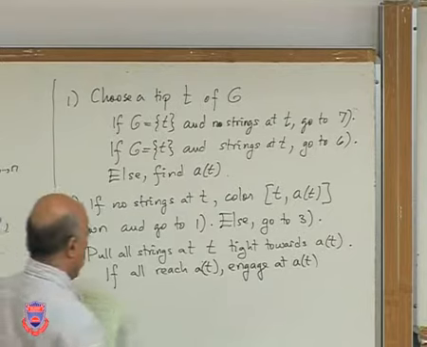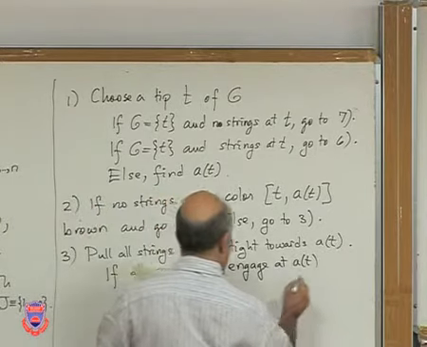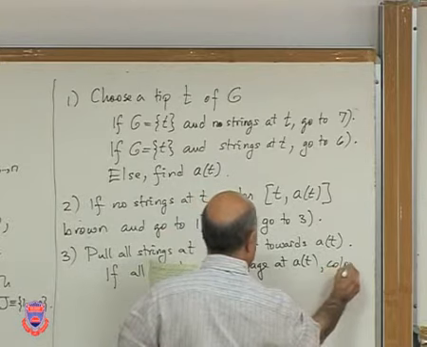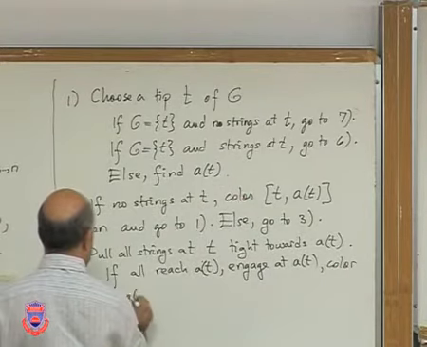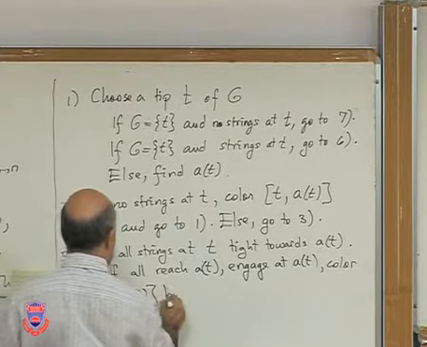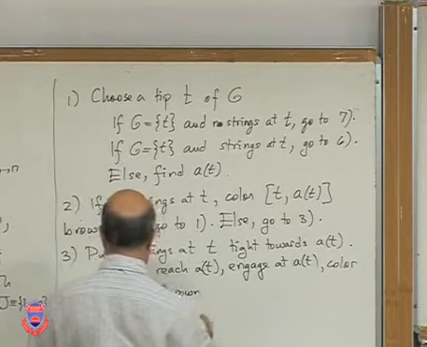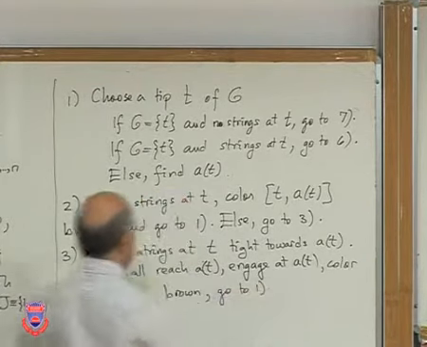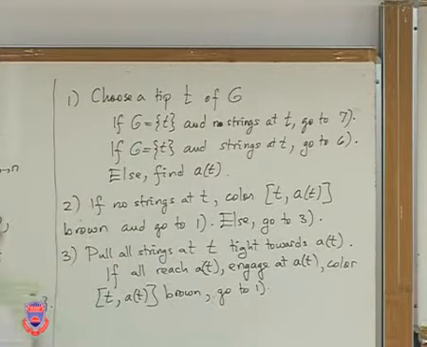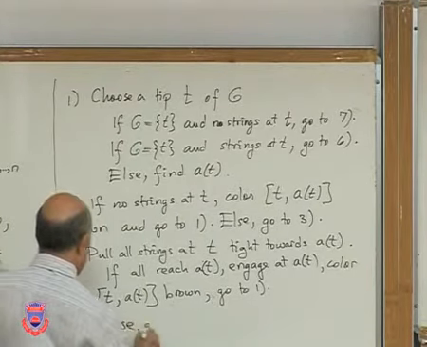Okay? Color the edge portion T AT brown again. And go to 1. If not all reach, you go to step 4.